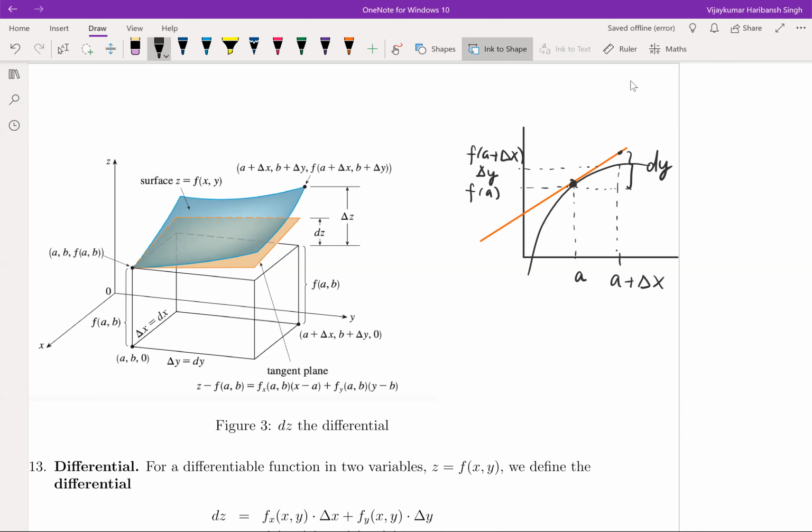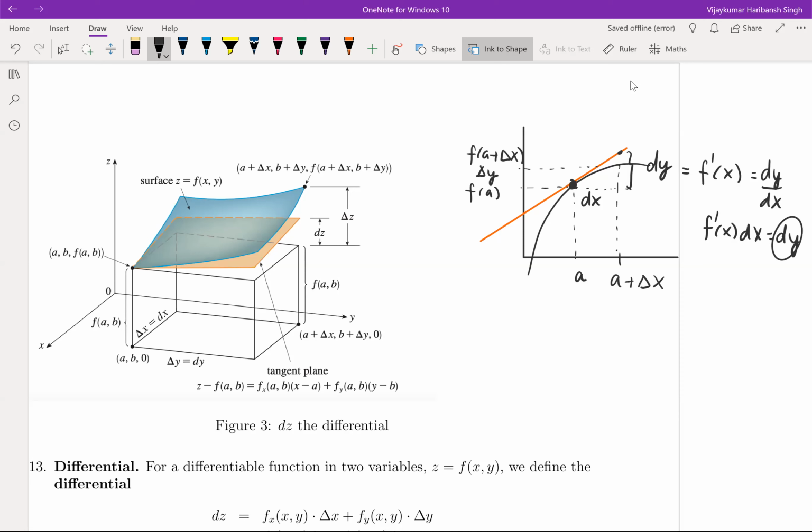So instead of taking the change in the function, you take the change in the tangent approximation, or the tangent line. That gave you dy, and it is given by f prime of x times dx, because rise over run, dy over dx equals f prime of x. So we get f prime of x equals dy by dx, or f prime of x dx equals dy. This was your differential.